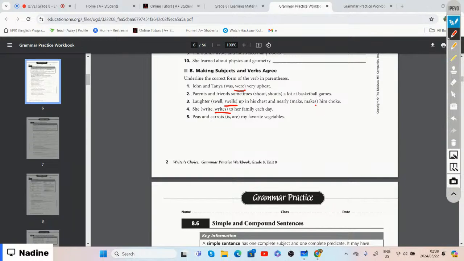Peas and carrots. All right, so we will say peas and carrots are because it's referring to more than one vegetable. It's peas and it is carrots, right? We didn't just say vegetables, we say peas and carrots.